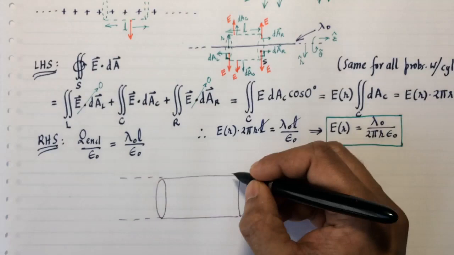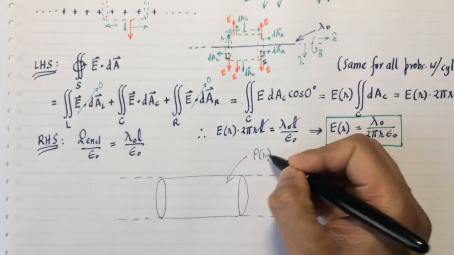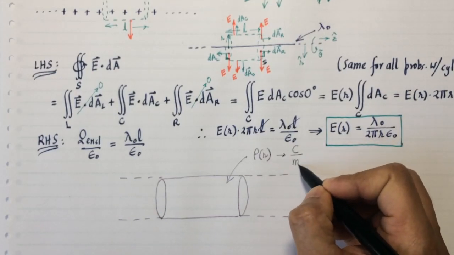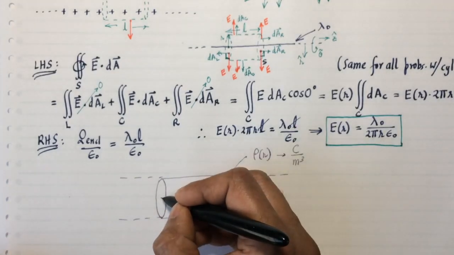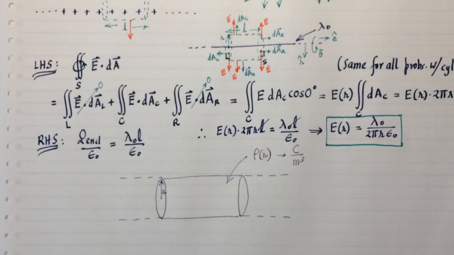Let's assume that I have a charge distribution given by rho as a function of r. Rho meaning charge coulombs per meter cubed. And let's say the size of the cylinder is given to us. It's some size A. We want to find the electric field distribution everywhere, inside and outside.